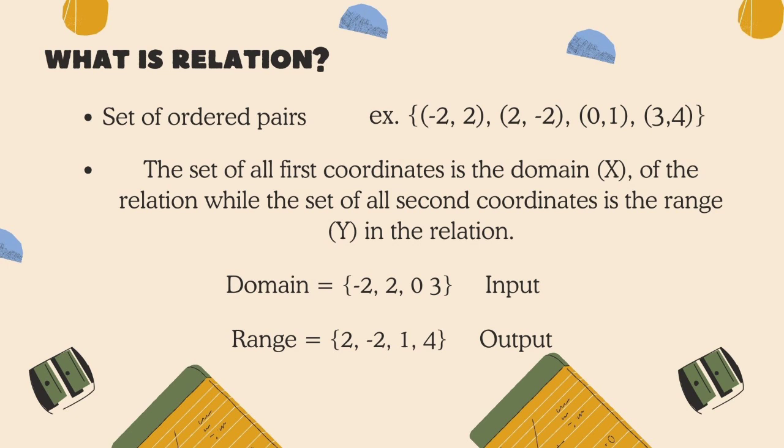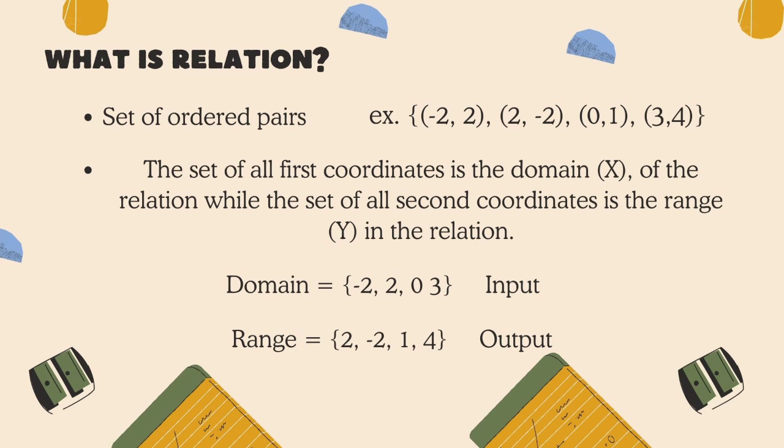So, the ordered pairs in a relation have a domain and range. Our x value is our domain and the y value is our range. When we say relation, it is an ordered pair, meaning any number pairs we can call a relation.